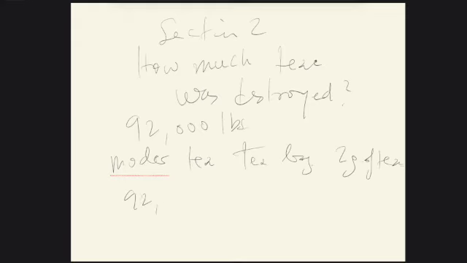So 92,000 pounds multiplied by 454 grams, that's roughly 41,768,000 grams. So let's divide 41,768,000 by 2.